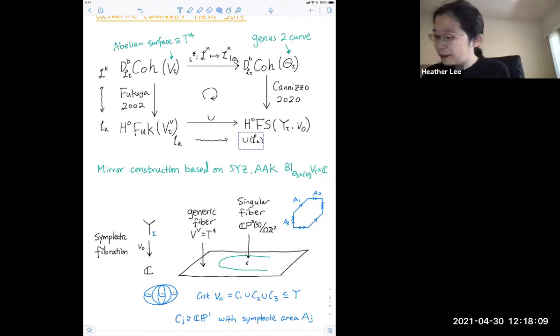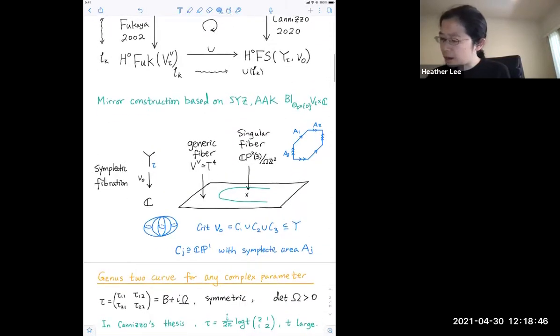So U L_K is denoting a Lagrangian in the total space that's taken from this Lagrangian L_K parallel transported along this U-shaped curve. So there's a fat Lagrangian in the total space that maps here. Then Catherine showed that this diagram commutes, and that proves a homological mirror symmetry statement for genus 2 curves.